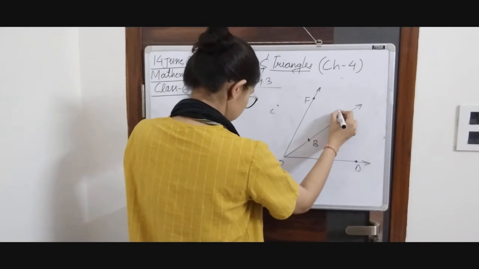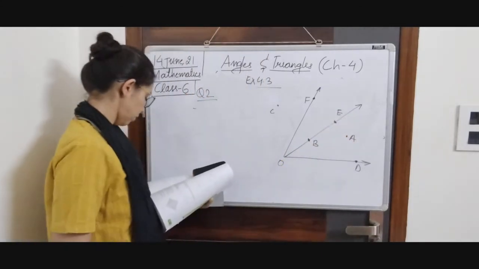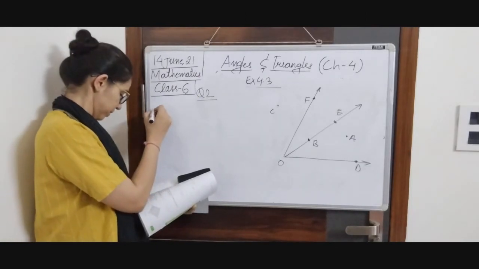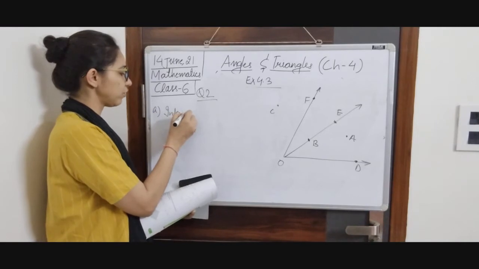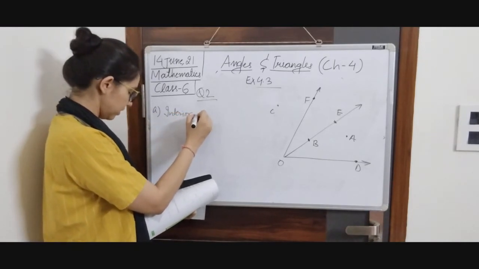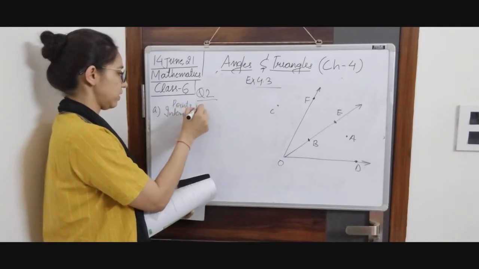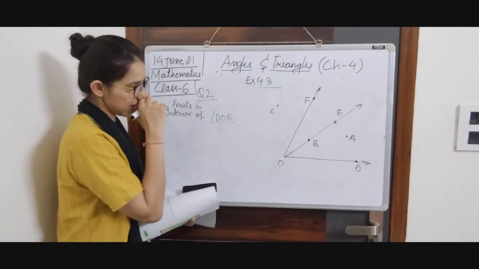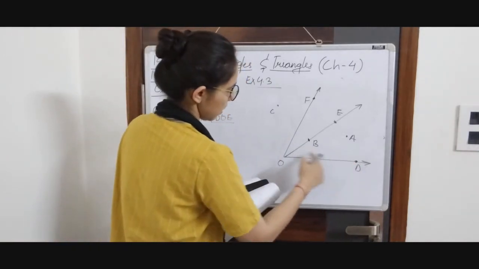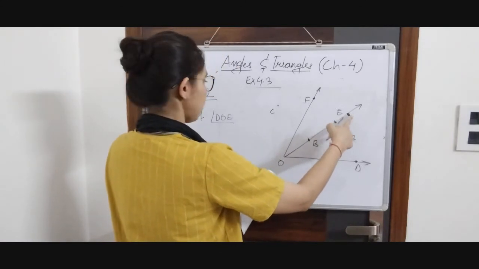We have E, and this is point A. Now the first part is to write down the points which are in the interior of angle DOE. First we find angle DOE. This one is DOE.